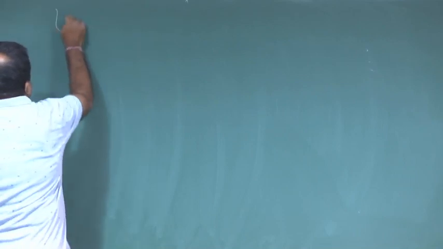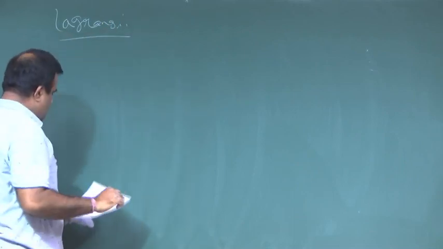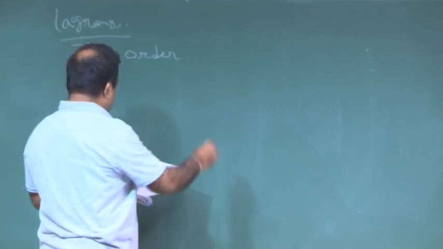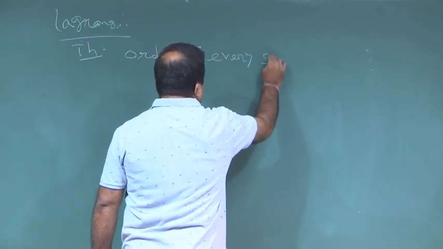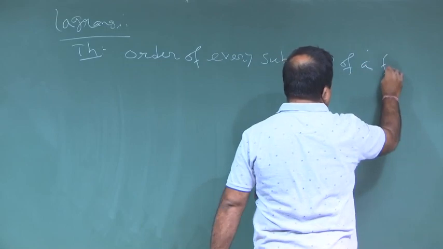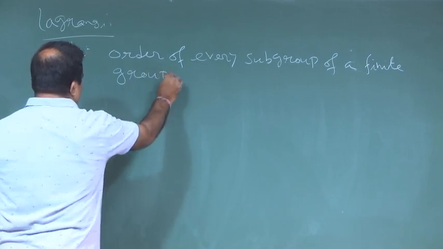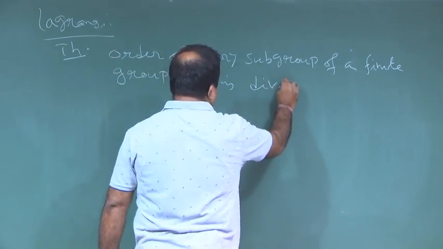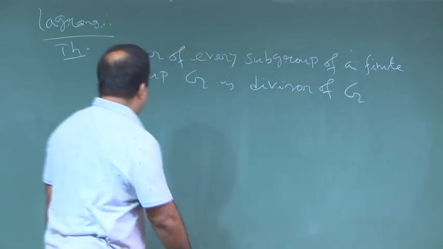So, the theorem says the order of every subgroup of a finite group G is a divisor of the order of G. Order means the cardinality of that group.